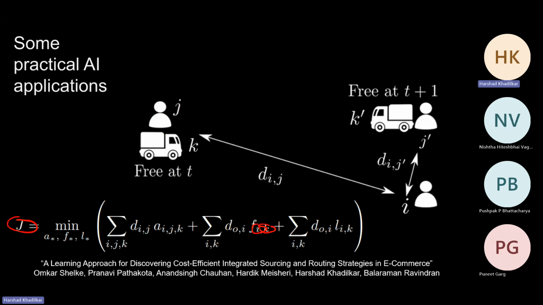If vehicle I goes to customer K as its first trip, then the distance traveled is from the origin point to the location it goes to first, that is V0I. Similarly, the last term is about the last leg traveled by this vehicle back to the warehouse. And then in between, you have this vehicle K going from customer I to customer J.